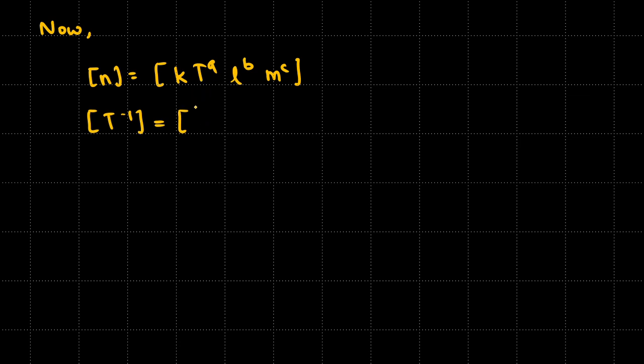The dimension of T is MLT minus 2 raised to the power of A. The dimension of L is L raised to the power of B. The dimension of M is ML minus 1 raised to the power of C.